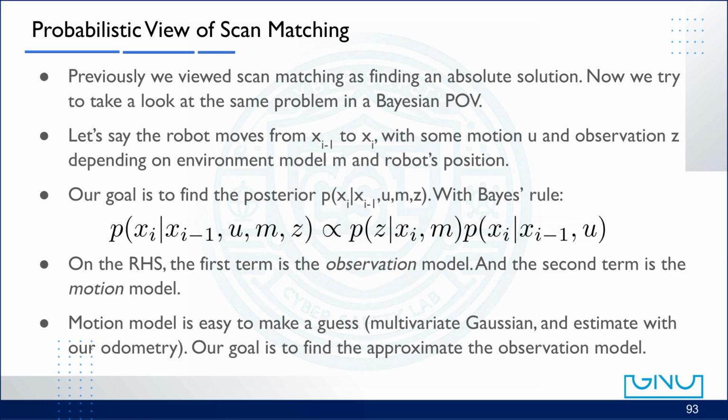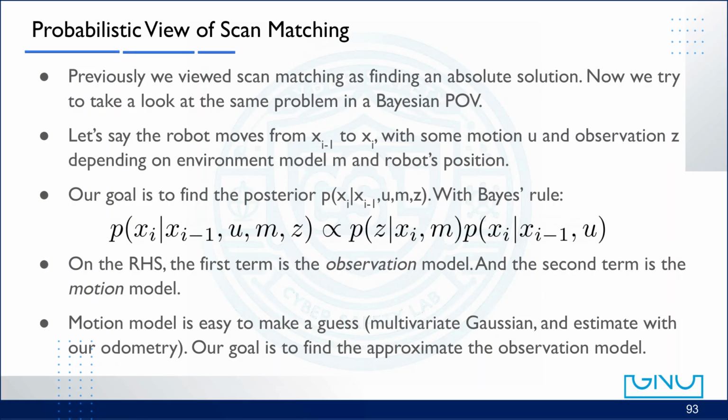Using Bayes' rule, we can write this posterior probability as being proportional to two terms. The first is the observation model. This tells us how likely we are to observe z, given we're at pose x_i and using map m. The second is the motion model. This is the probability of transitioning from x_{i-1} to x_i, given the control input u.